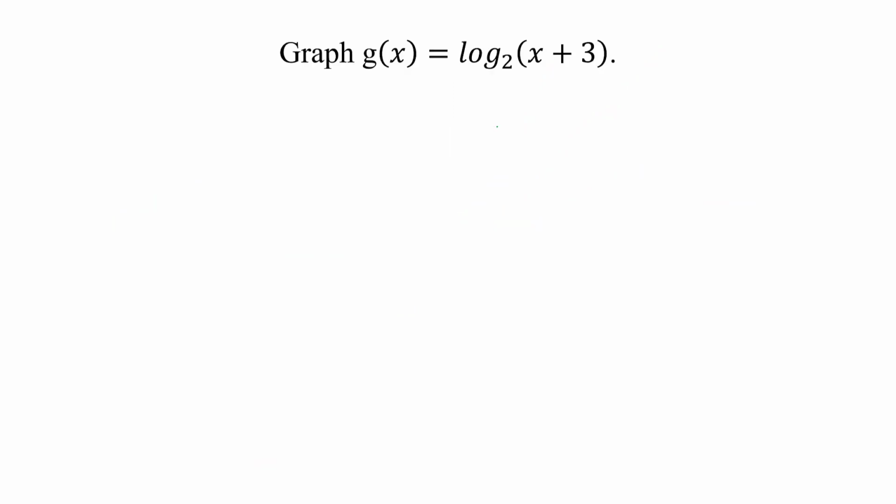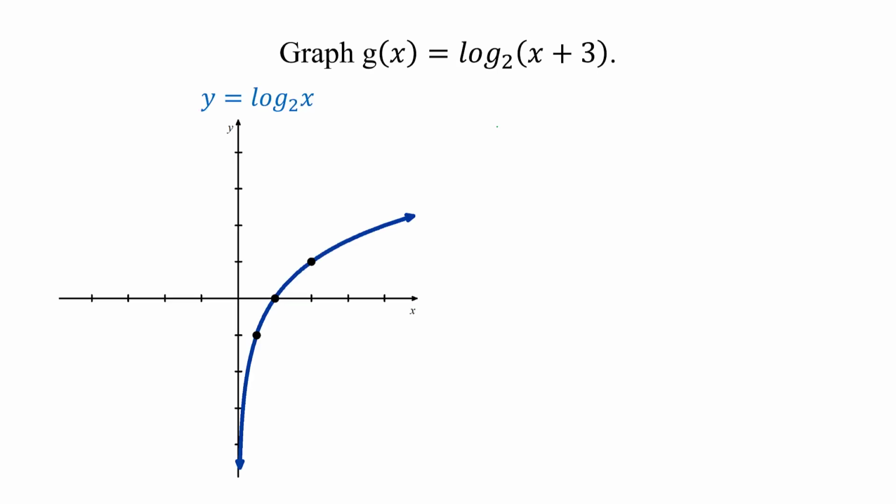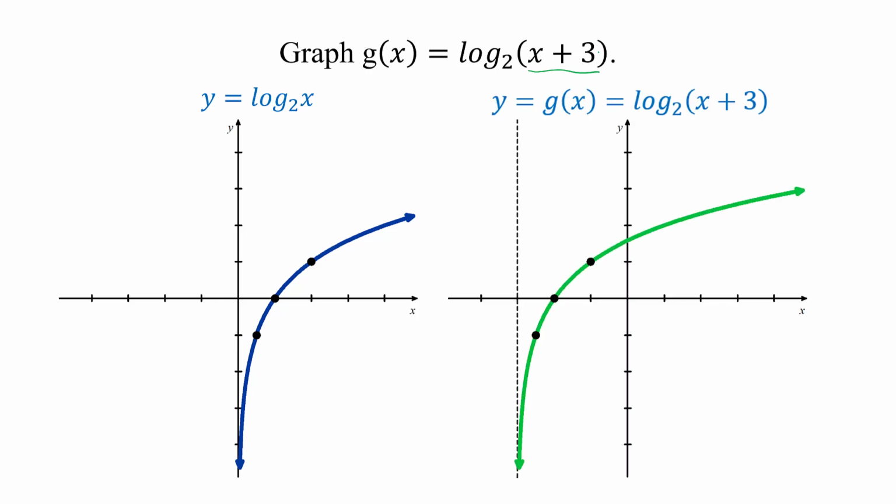Let's go on to graph g of x equals log to the base 2 of x plus 3, and here I will start with the graph of y equals log to the base 2 of x. And all I need to do here is shift this graph to the left by 3 units to give us a graph of g of x. Note that in addition to shifting the graph to the left by 3 units, the vertical asymptote of x equals 0 also shifts to the left by 3 units.